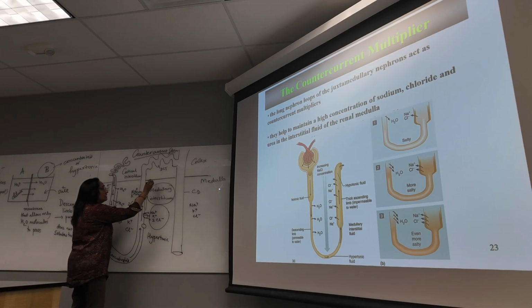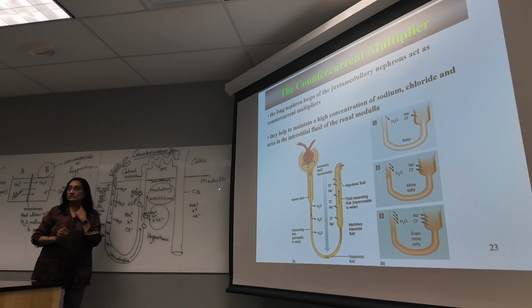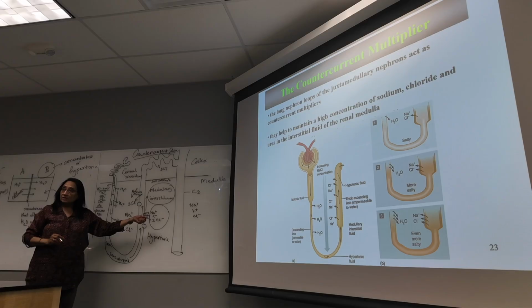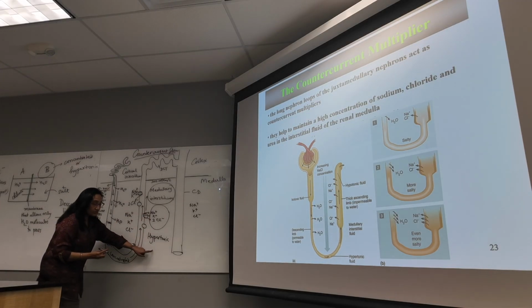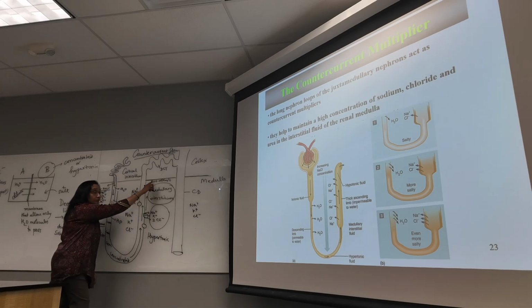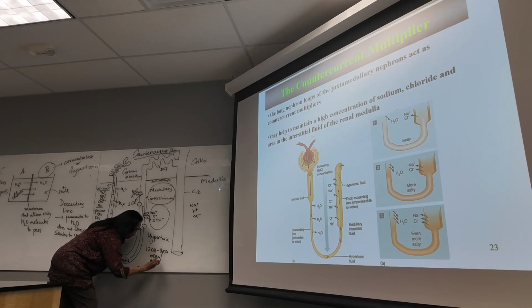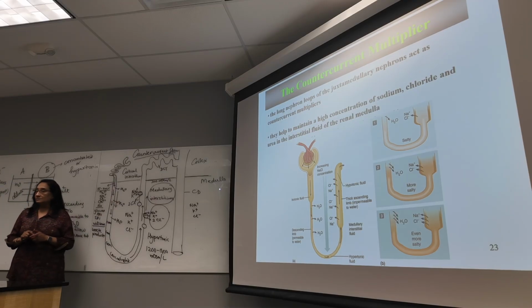So this will be around pretty much the same salt levels as your blood, 300 milliosmoles. But as you go deeper, if you take a piece of tissue and taste it, it will be salty. By the time it reaches the tip, it will become almost 1200 to 1400 milliosmoles per liter. That means that much of salt gets accumulated as the filtrate keeps going up and down.